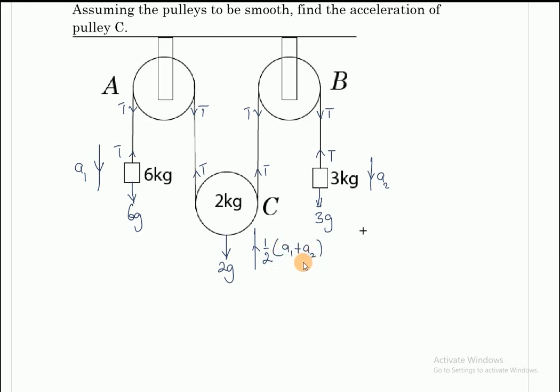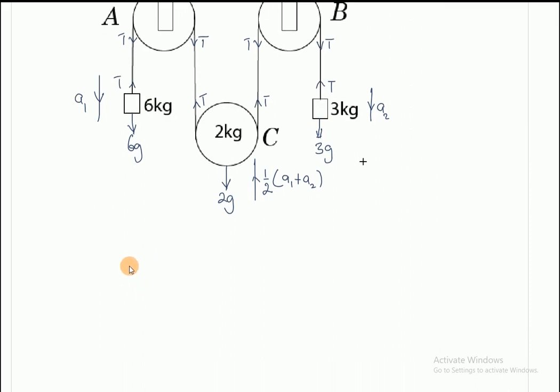So our concern is to get the value of A1 and A2 so that we can substitute it in this formula to get the acceleration of the pulley. Now we are going to consider the motion of each particle by particle. Take the 6 kilogram body individually, take the pulley, take the 3, and we consider their acceleration and we solve for what is required of us.